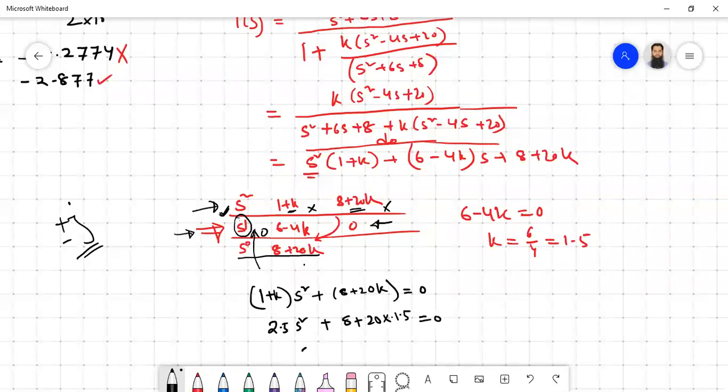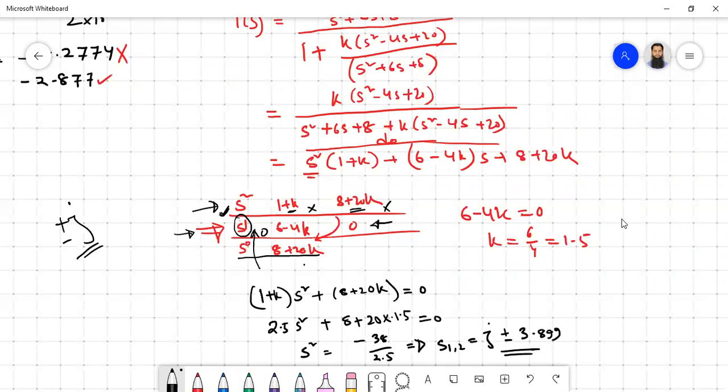So s square equal to basically minus 38 by 2.5. So because of the negative sign, if you take the square root, then it will be j plus minus, according to my calculation, 3.899. Okay, so we figured out the j omega axis crossing. This is one of the answers.